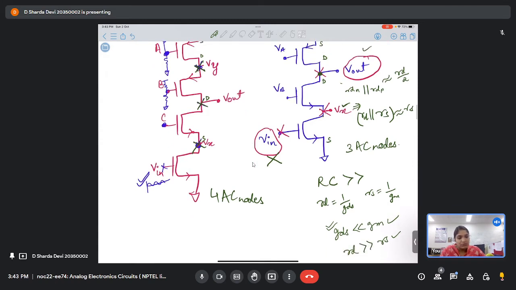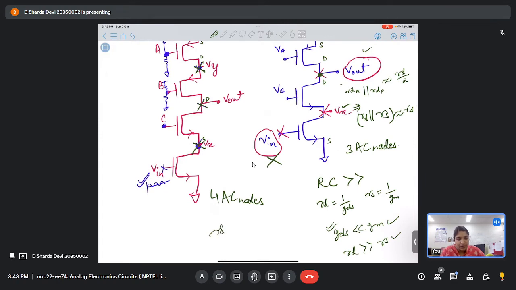Now when you compare here, I told you RD and RS have a ratio of close to a minimum of 100 to 1000. So RD by 2 will always be greater than RS, right? This is clear, no? RD by 2 will always be greater than RS.